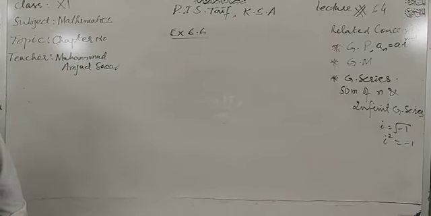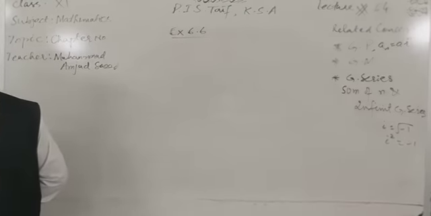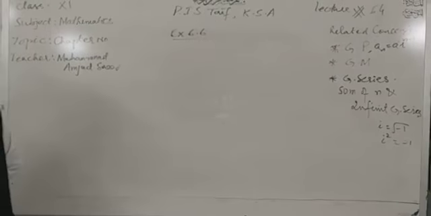Question number 5 is, if an automobile depreciates in value 5% every year and at the end of 4 years, what will be the value of automobile purchased now?